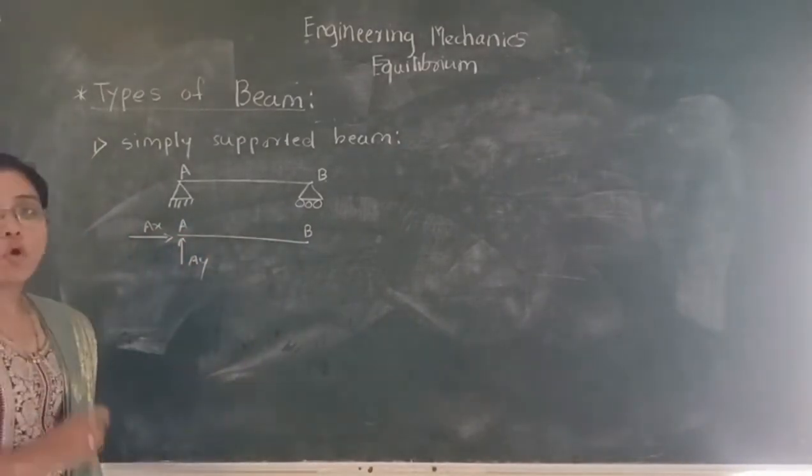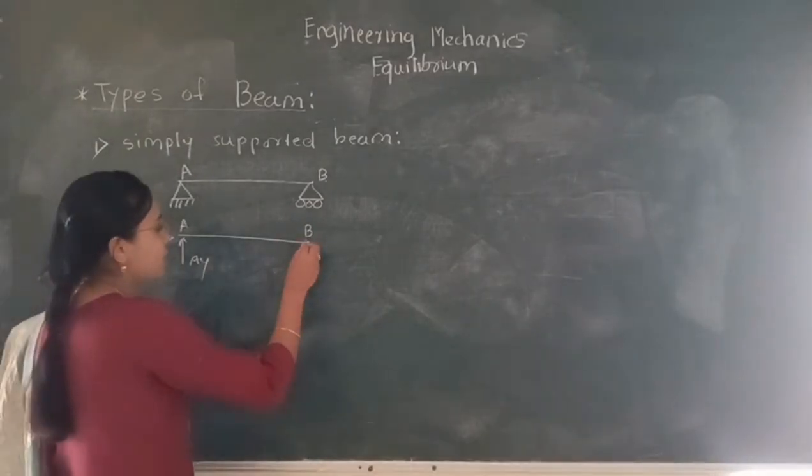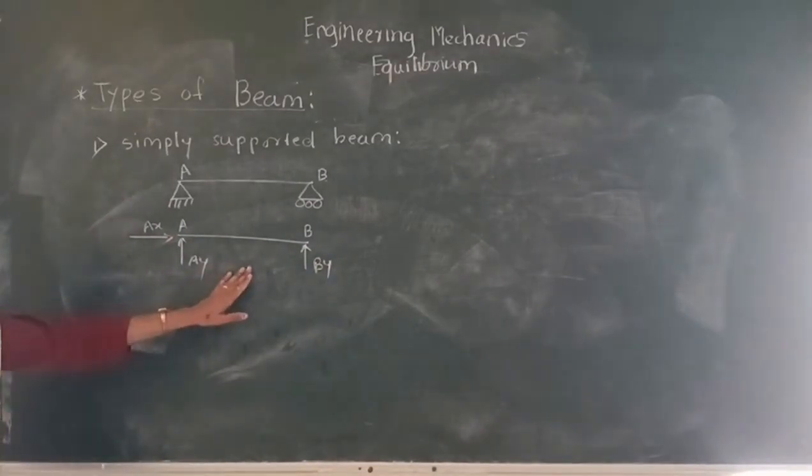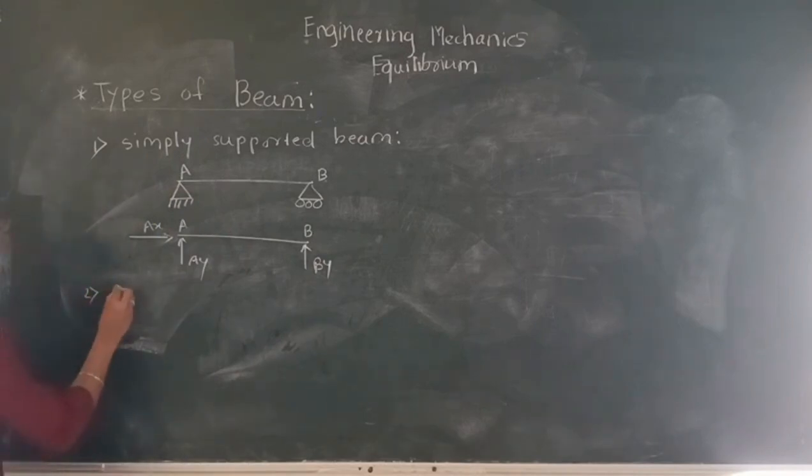The roller support shows only one restricted reaction, that is in the vertical direction, so that is By. So that is the free body diagram for a simply supported beam. The next type of beam is the fixed beam.